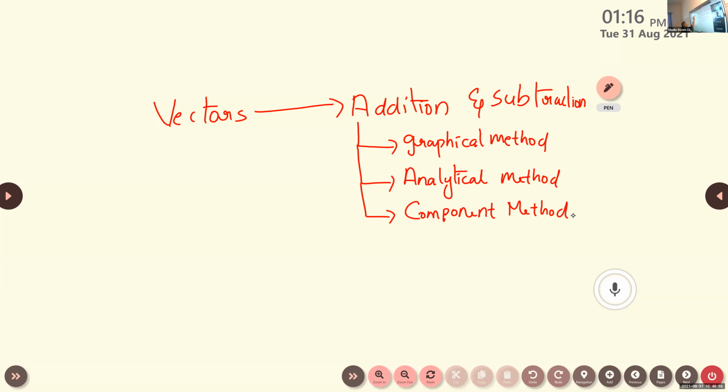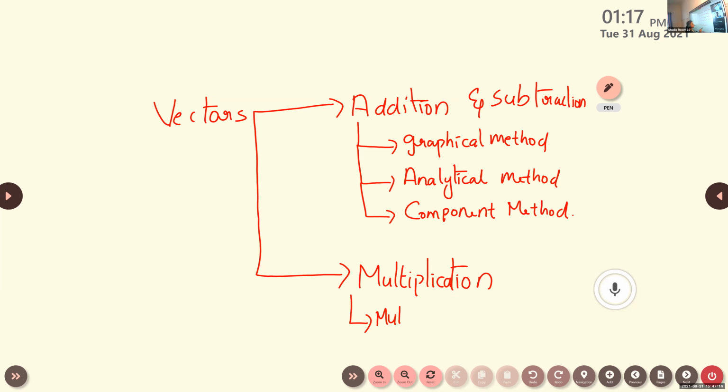After that, we will discuss the multiplication of vectors. Here also we have two methods. One is multiplying a vector with a scalar.